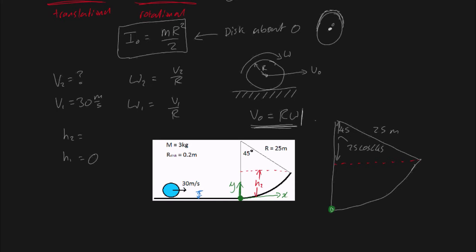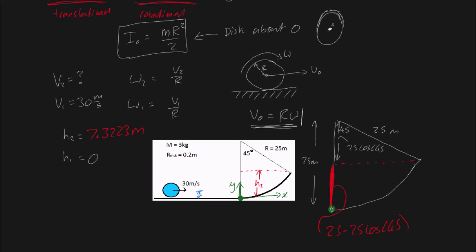And because we know that the distance from here to here is 25 meters, that means we can infer that this distance, which I'm drawing in red, must be, let me just draw that down below, 25 minus 25 cosine 45. And if you plug that into your calculator, you're left with h2 equal to 7.3223 meters. Okay, we're on our way.